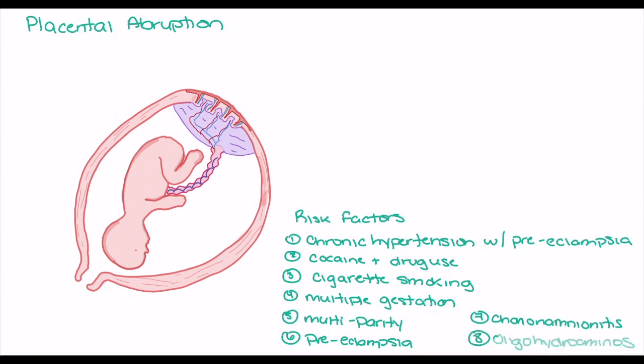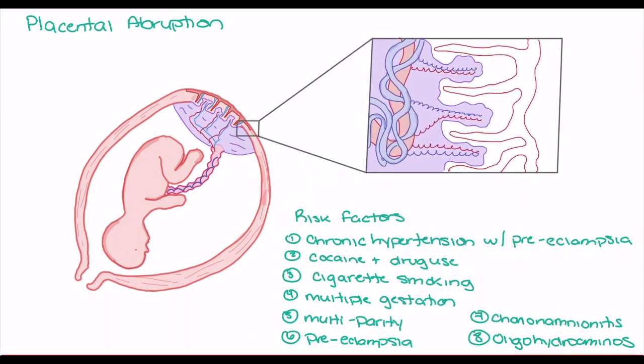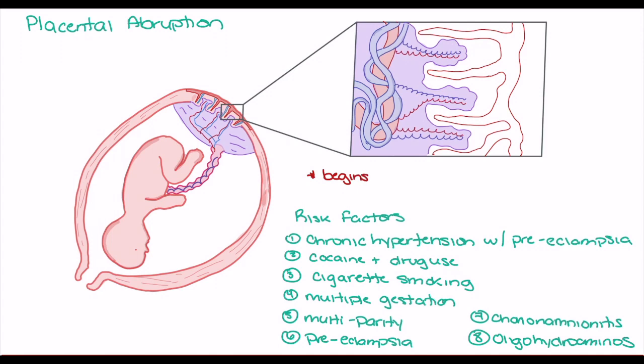Finally, oligohydramnios, or deficiency in the production of amniotic fluid, has a low correlation to placental abruption but is a potential risk factor. Each of these factors are important as they lead to changes in the vasculature that increase susceptibility to rupture during an episode of vasospasm.